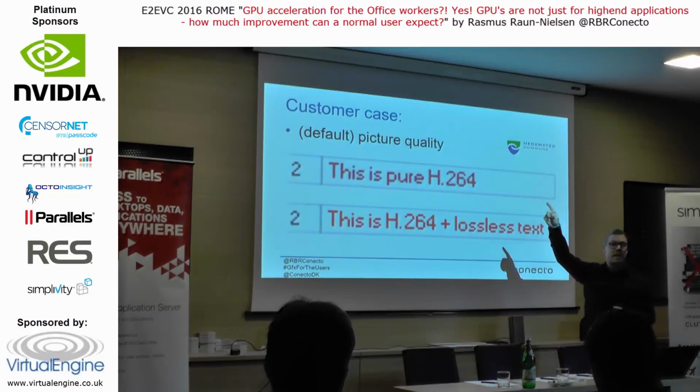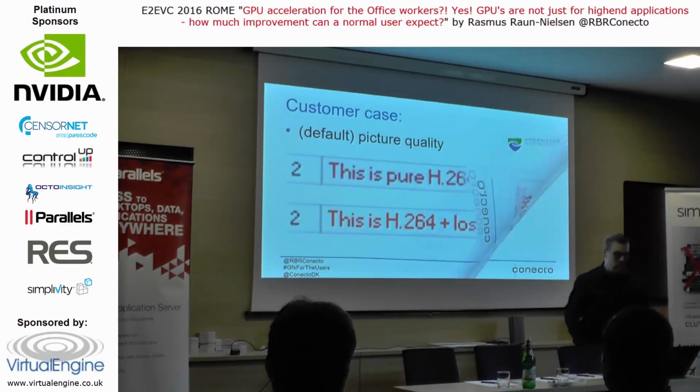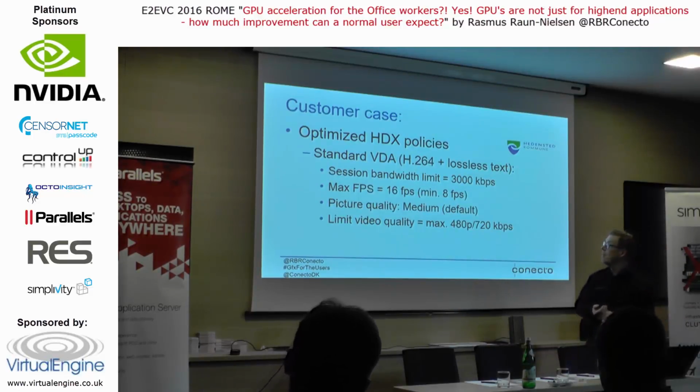So moving to the standard VDA and the deep compression V2 encoder, it became very much better. As you can see from this, the policies have been tuned quite a lot. So we have a session bandwidth limit of only 3 megabit with the standard video, as opposed to the 50 megabit in which we hit the roof with the HDX 3D Pro and the lossless before.